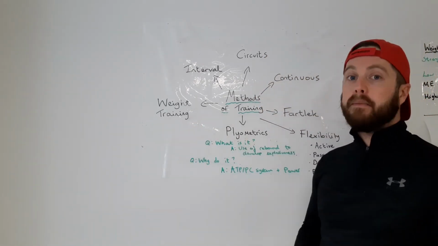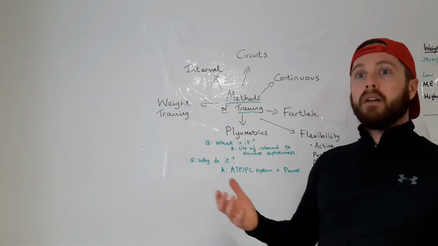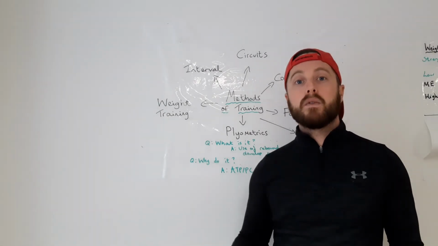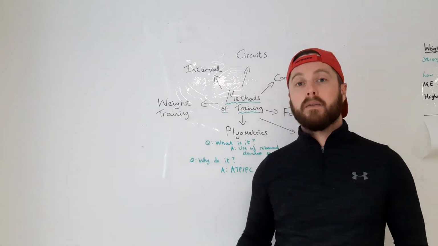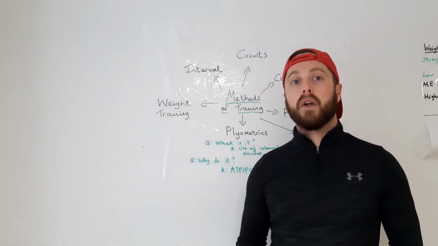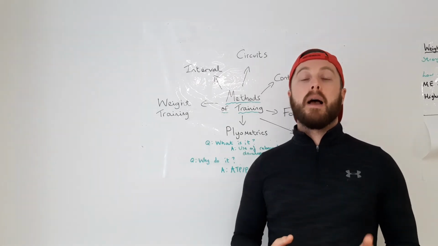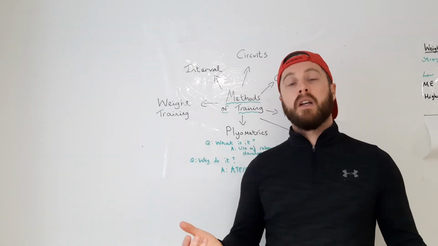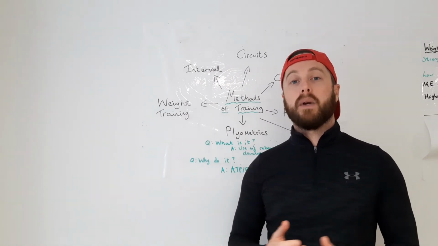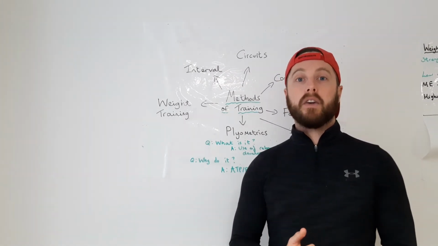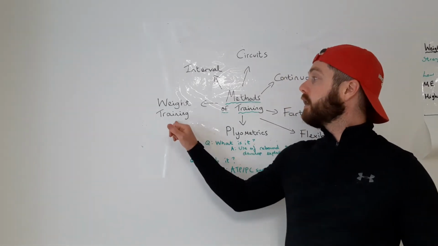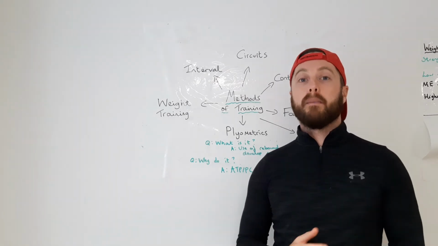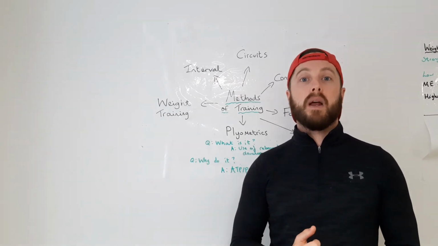Weight training then is dependent on the amount of weight and the number of reps that you lift. So we discussed when you were doing your coursework that if you lifted 80% of your 1 rep max and lifted that at a low rep range, 6 to 8 reps, then that would develop muscular strength. Whereas if we wanted to develop muscular endurance, we may go at 60% of our 1 rep max and lift 15 to 20 reps.